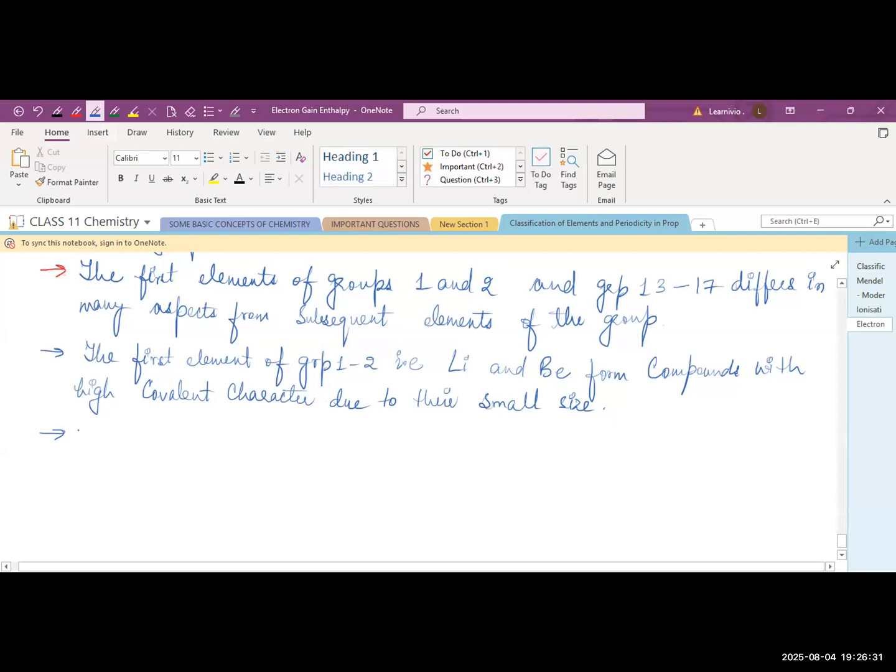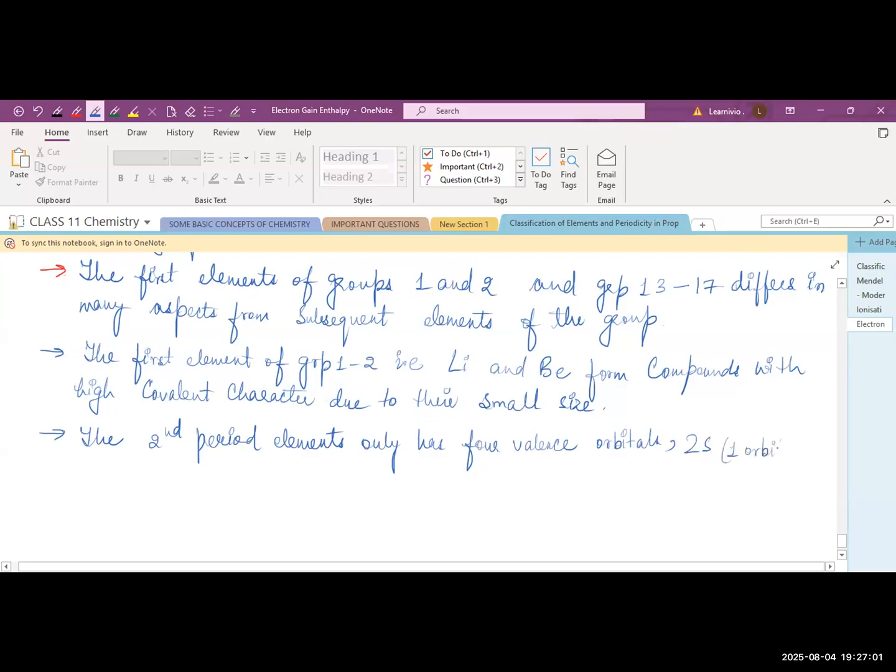Now you can write down: the second period elements only have 4 valence orbitals. 2s is an s orbital, and in s there is only 1 orbital.